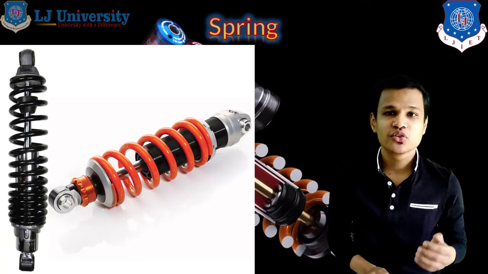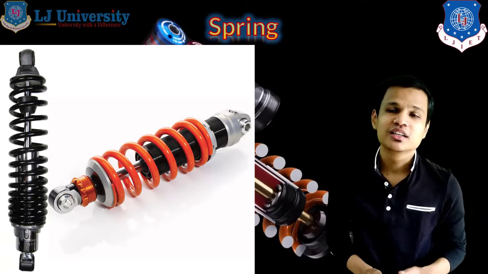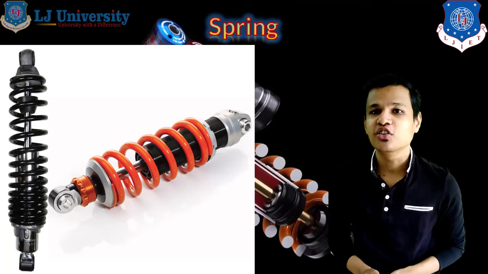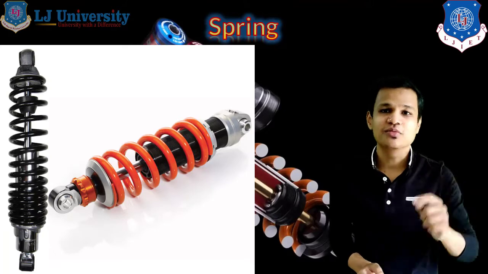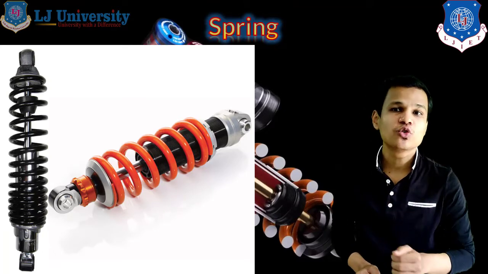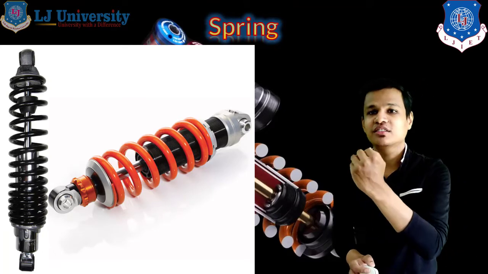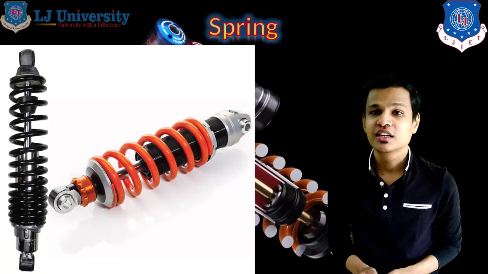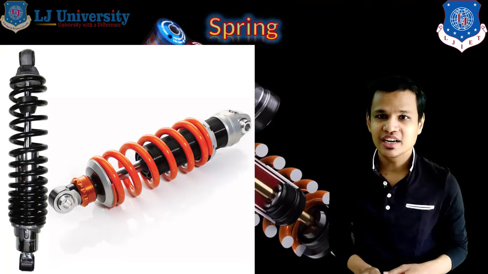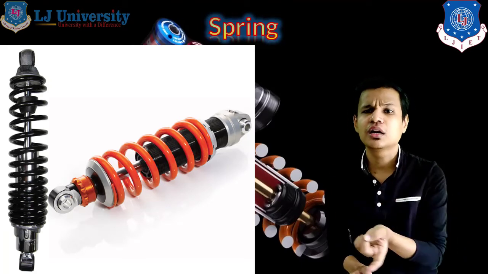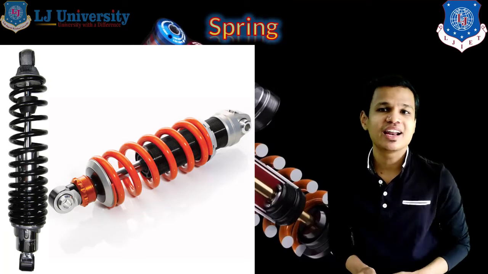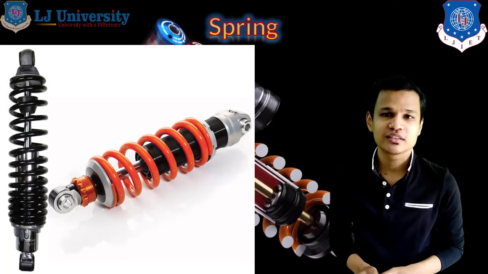During the sideways load, the helical spring will not be sufficient to take the load when the vehicle is turning. In the case of four-wheelers, other auxiliary arrangements are given, such as an anti-roll bar. But in the case of two-wheelers, there are no chances of vehicle rollover, right? So we don't require any anti-roll bar in two-wheelers.